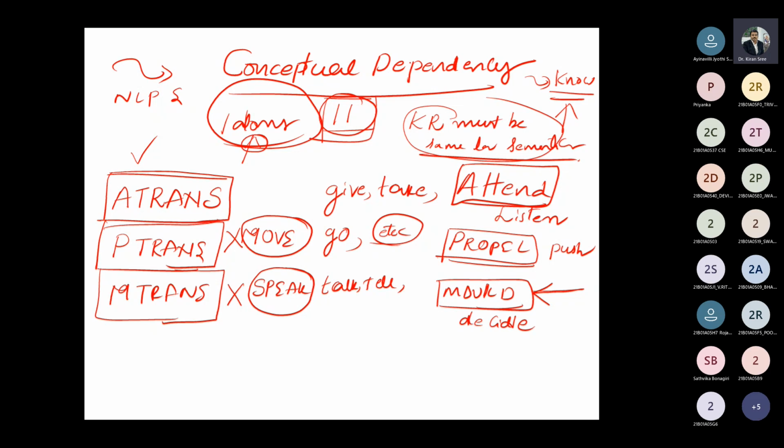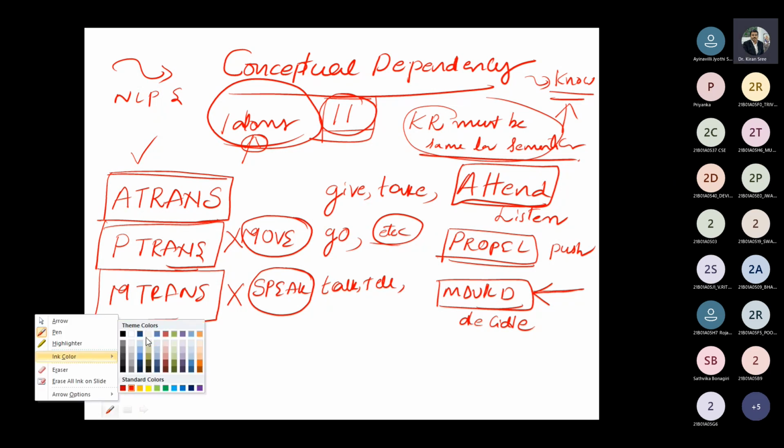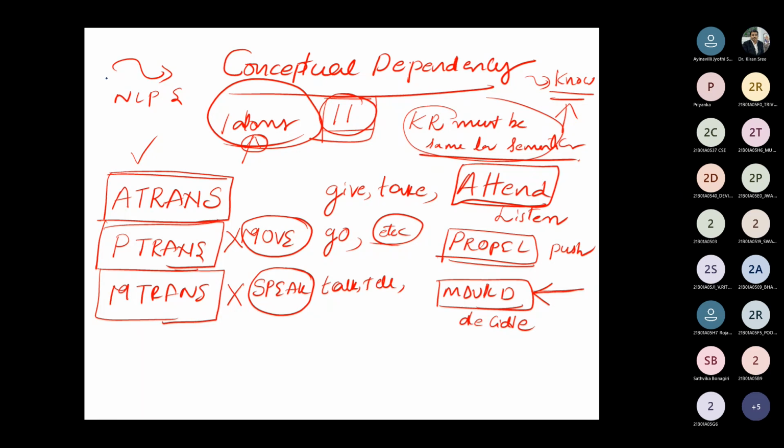All these are also primitives in conceptual dependency, and these are also very important. So you have A trans, this is one primitive, P trans 2, M trans 3, attend 4, which is very important, 5. Among all the 6, this M build is very important.